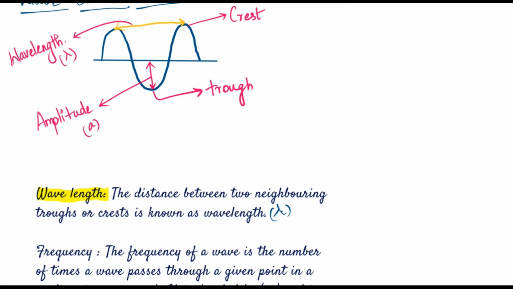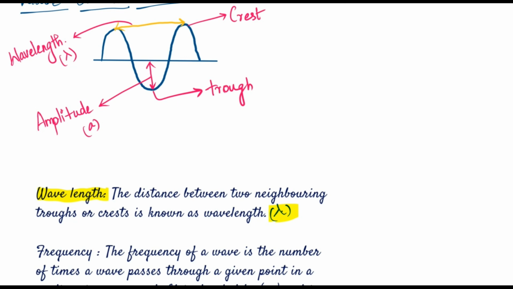Wavelength, as the name indicates, is the distance between two waves. You can take the distance between two crests, or the distance between two troughs. That is wavelength. Wavelength is denoted by the symbol lambda.